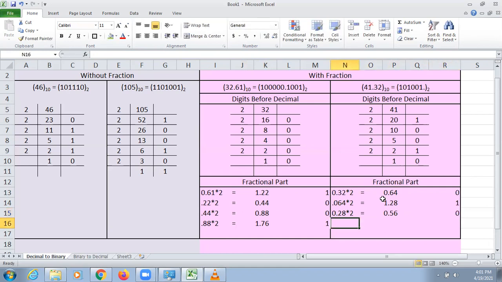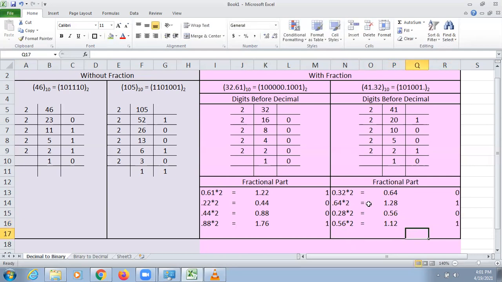Now 0.56 multiplied by 2 is 1.12. Now the number which we are getting is 1.